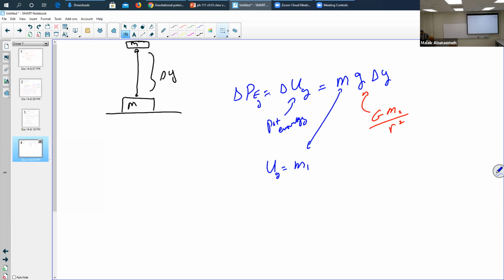So I'm going to call this M1, multiplied by G, your gravitational constant, multiplied by mass 2 divided by R squared, multiplied by your distance, delta y, which is from radius to radius, R. And again, R is the distance between the objects.